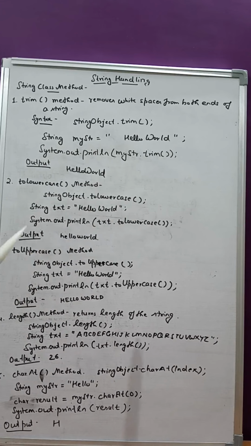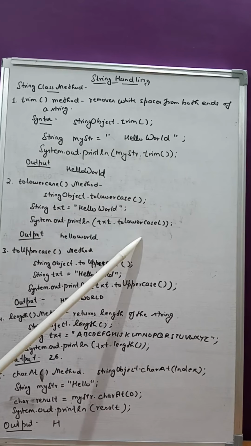First we take the string as String txt is equal to Hello World. We have written the string over here. See, in this H is in uppercase and W is in uppercase. When you write System.out.println txt dot toLowerCase, what will happen?